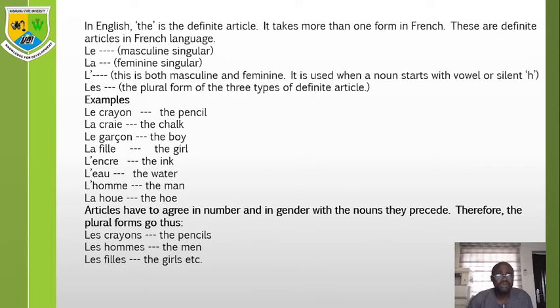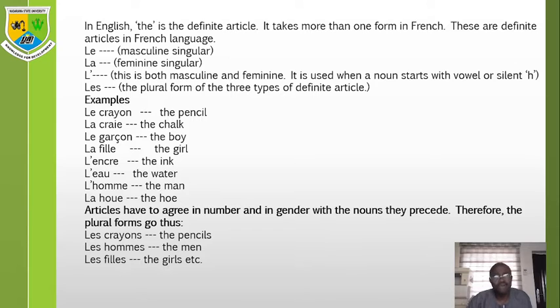Le garçon, the boy. La fille, the girl. L'encre. You will discover that l' apostrophe is used for l'encre, because encre starts with a vowel. L'eau, that is the water. L'homme, that is silent h.